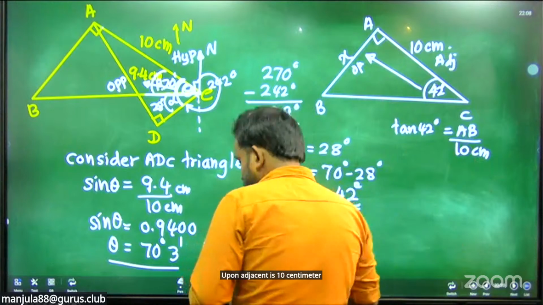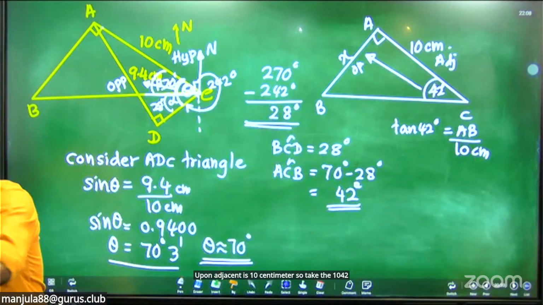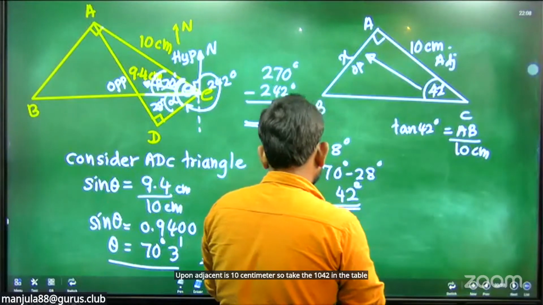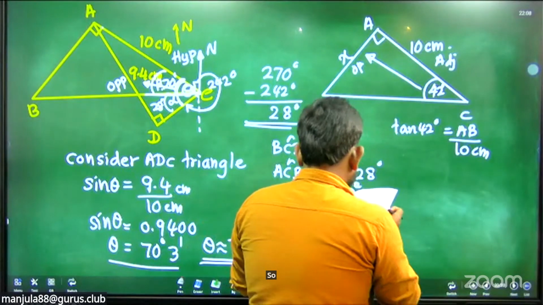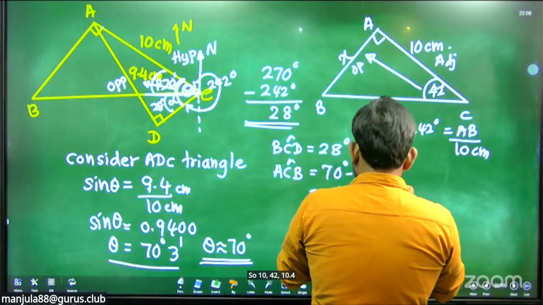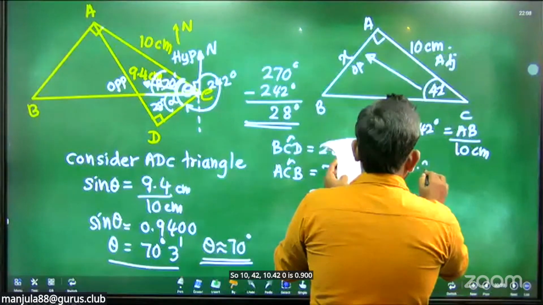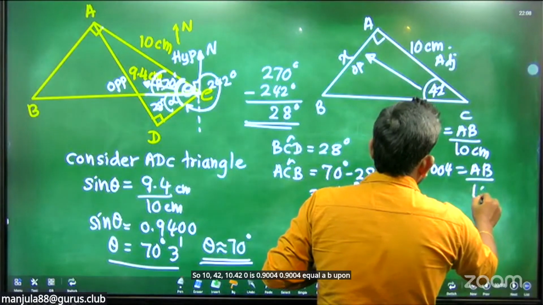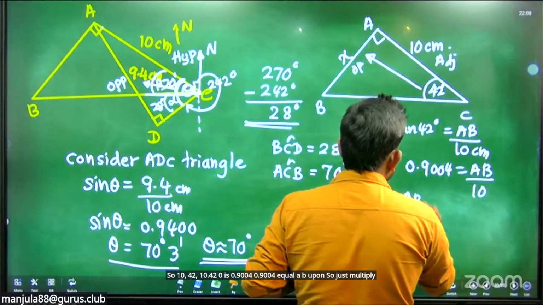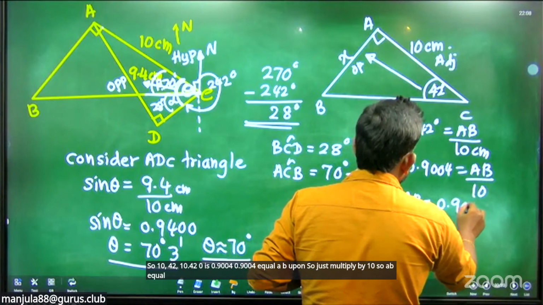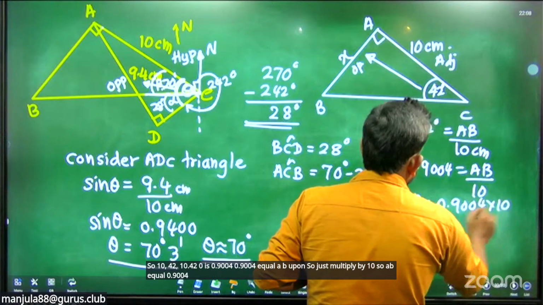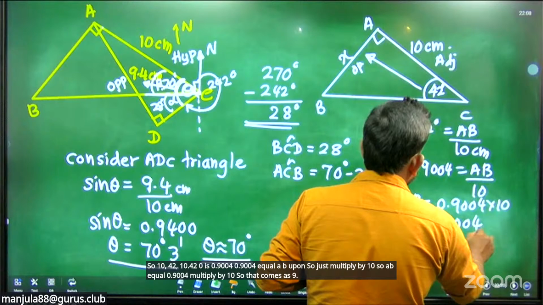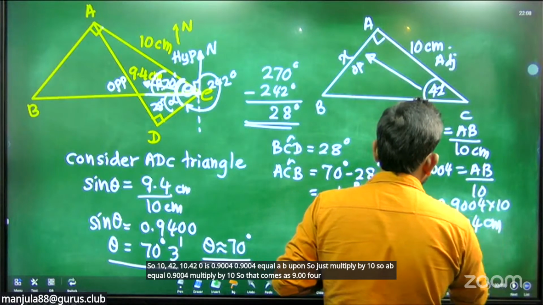So take the tan 42 in the table. Tan 42 is 0.9004. 0.9004 equals AB upon 10. So just multiply by 10. So AB equals 0.9004 multiplied by 10. So that comes as 9.004 centimeters.